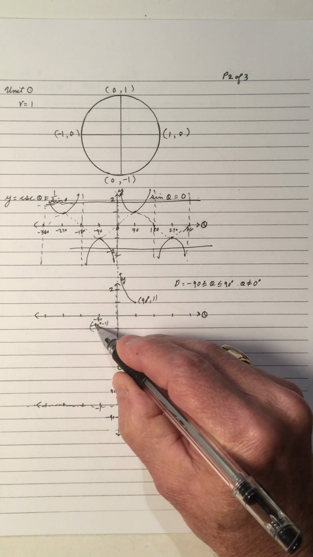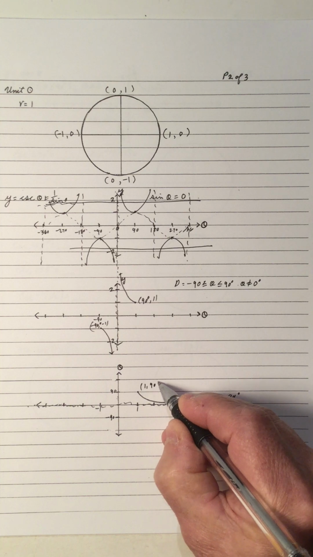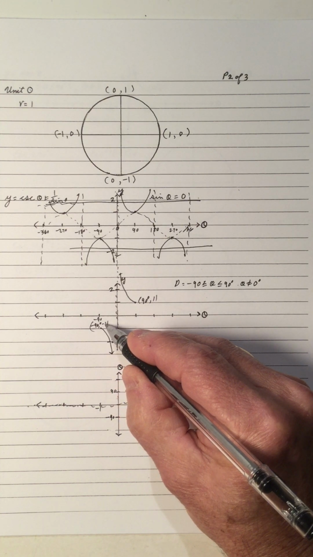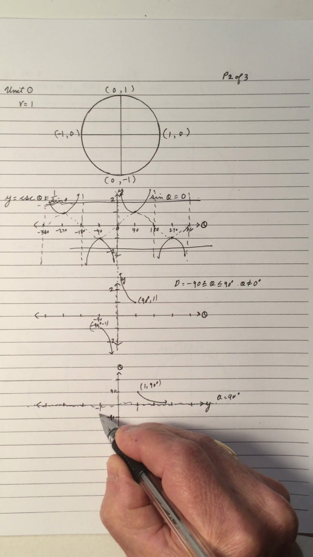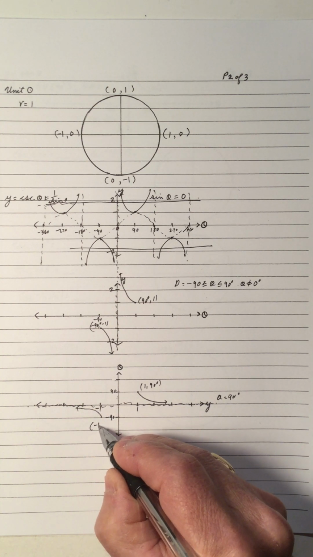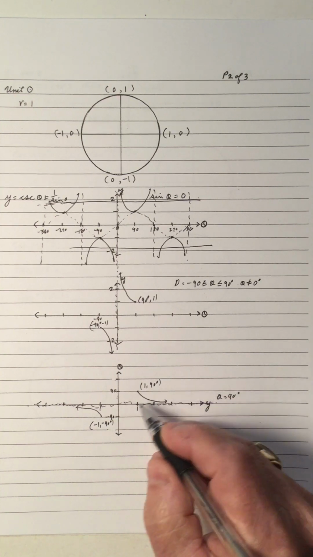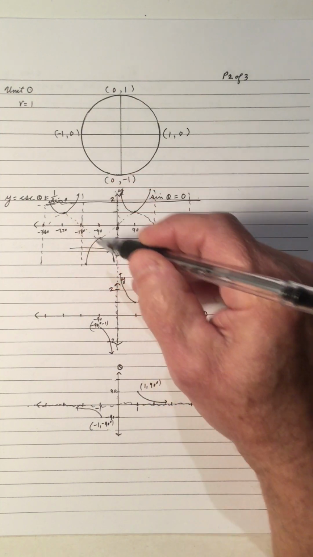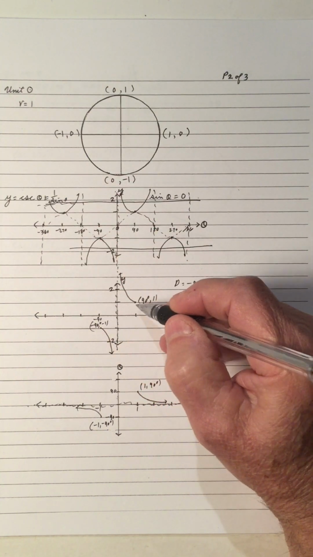The other point is (negative 1, negative 90) and it also goes toward the asymptote. Sine is from negative 90 to 90, so arc cosecant is from negative 90 to 90.